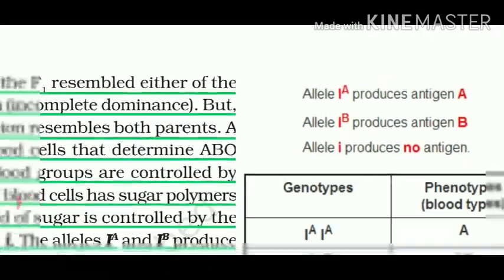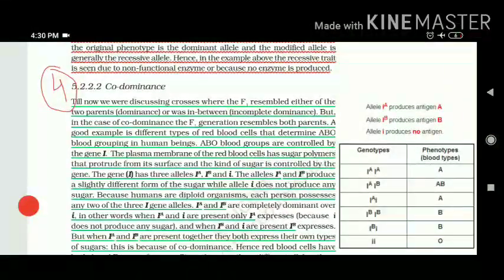That's why it can happen that one parent has A blood group and the other has B blood group, and the child could have A, B or AB blood group. So this is a result of neither dominance nor incomplete dominance, but of a special law called codominance.